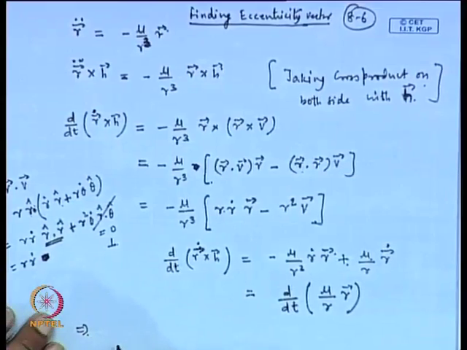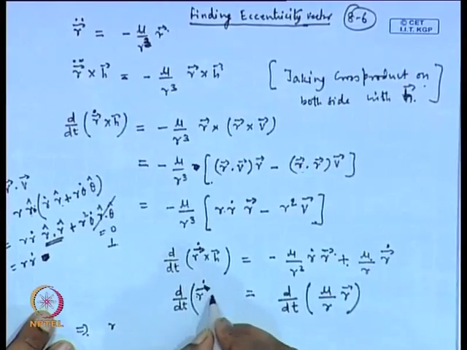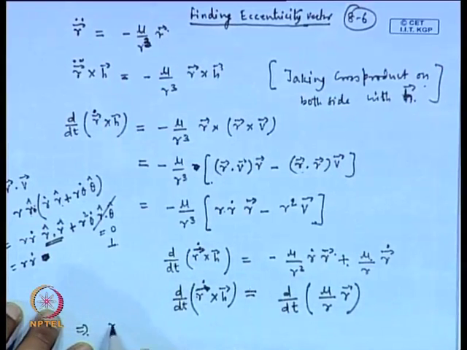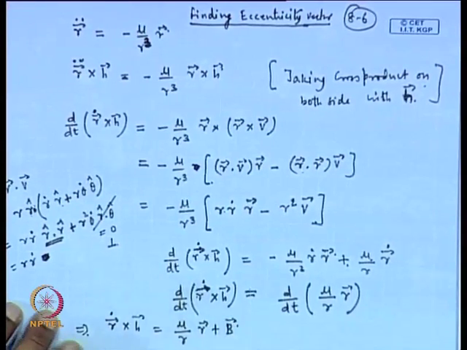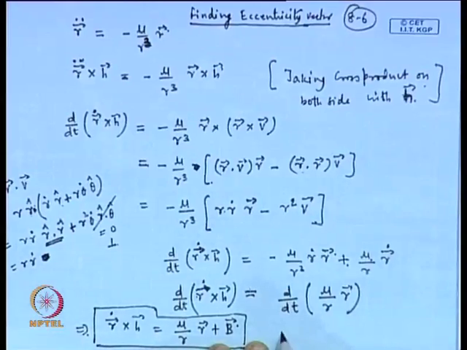So, if we integrate this equation, d by dt of r dot cross h, this gives us mu by r times r plus another vector b. Now, b is a constant vector here.